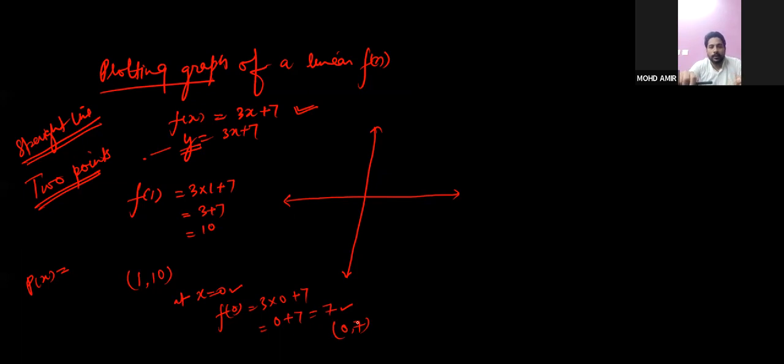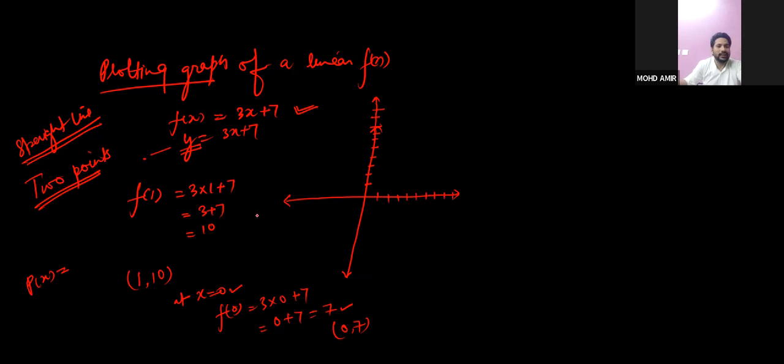Now we can easily plot the graph. So here 1, 2, 3, 4, 5, 7. I think we need a little more: 8, 9, and 10. Yeah. 1, 2, 3, 4, 5, 6, 7, 8, 9.